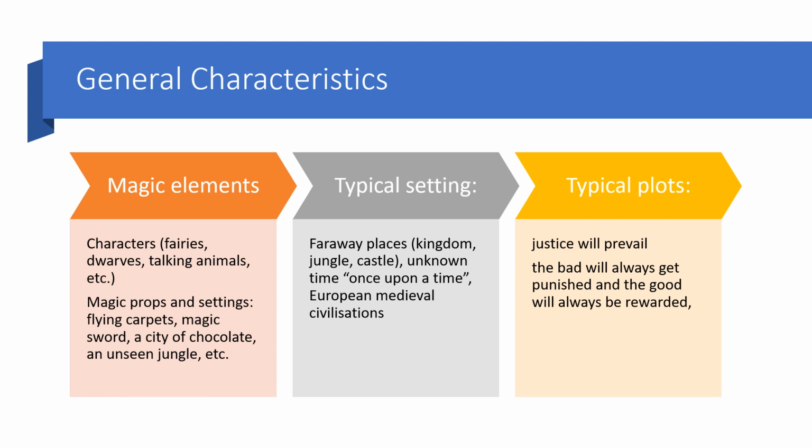The last characteristic of the fairy tale is its typical plots. Mostly the plot will center around issues of how people, especially those of the lower classes, struggle to make justice prevail.